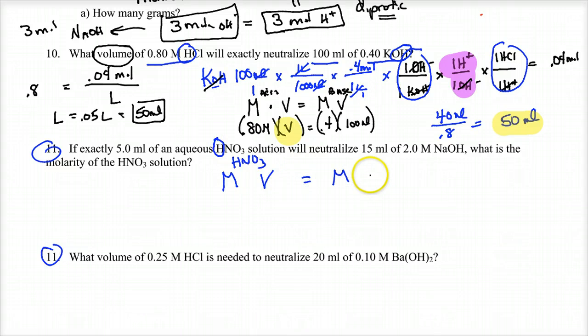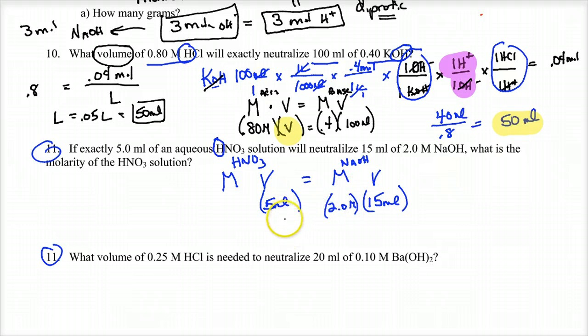MV of my base. It's NaOH. So this one's a 1-to-1. So same idea. I have 5 milliliters. I have 15. The molarity of my base is 2.0 molar.